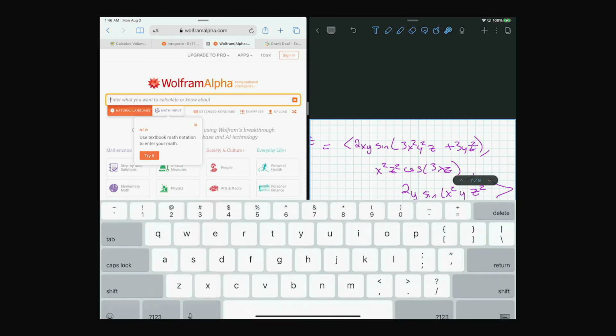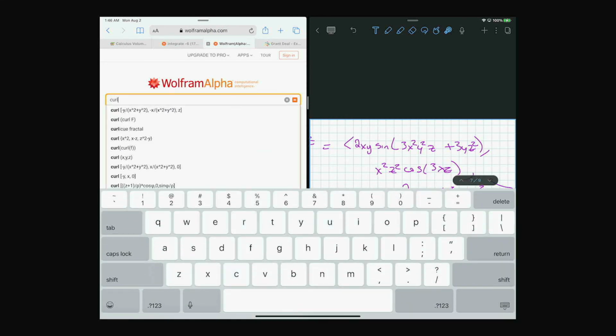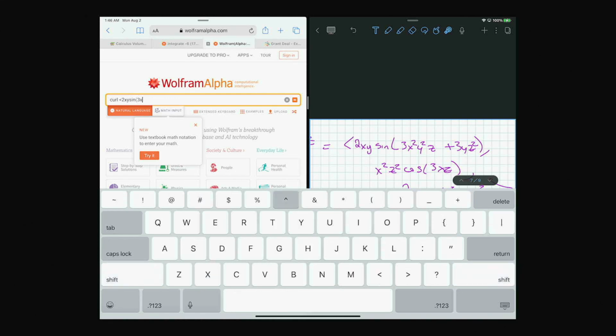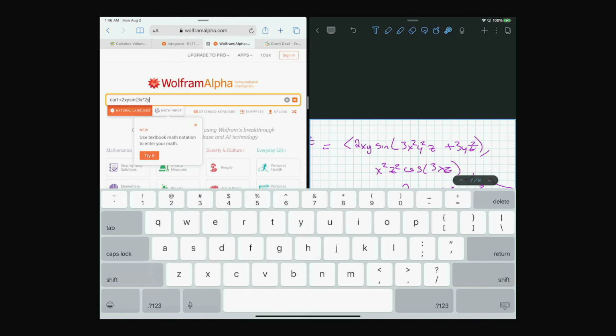So how would we do this? Curl. We can type this vector field in probably however we want. I'm going to go 2xy sine 3x squared y squared z plus 3yz squared.